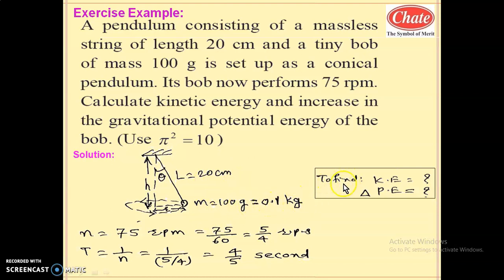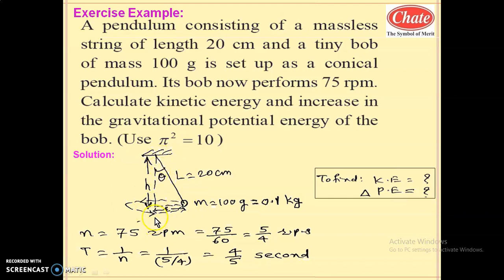Here we have to find the kinetic energy and the change or increase in potential energy. That is PE2 minus PE1, the potential energy at this position minus the potential energy at this position. Before starting the rotation, the bob will be at rest, hanging straight.